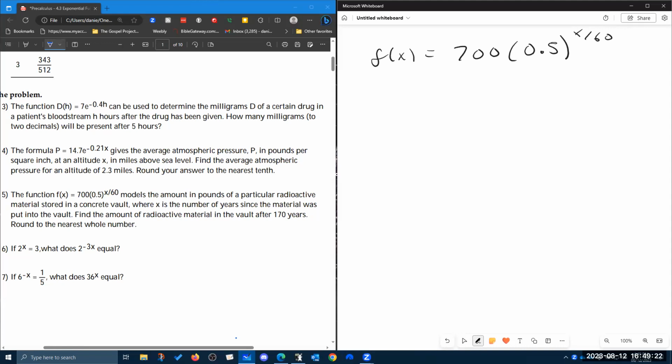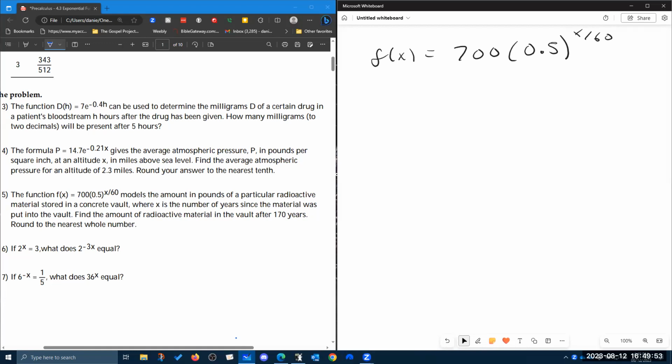It models the amount of pounds of a particular radioactive material stored in a concrete vault, where x is the number of years since the material was put into the vault. So the way I would read this is that it takes 60 years to have radioactive decay so that only half of the original material is left. So in 60 years, we'd have 350 pounds of material. We started off with 700 pounds.